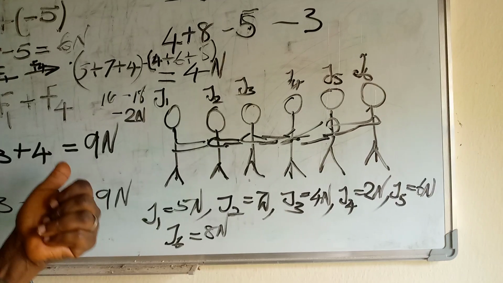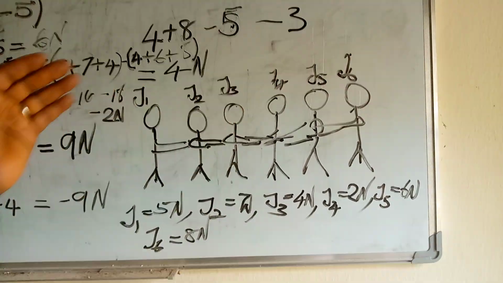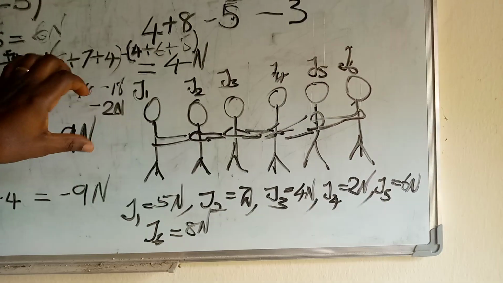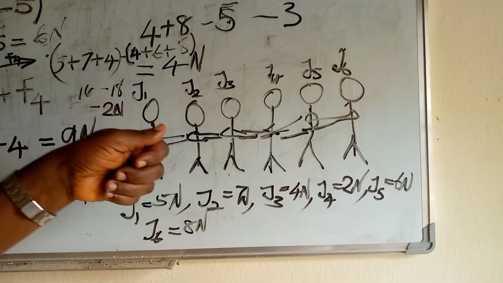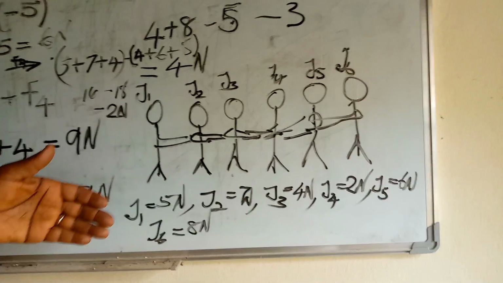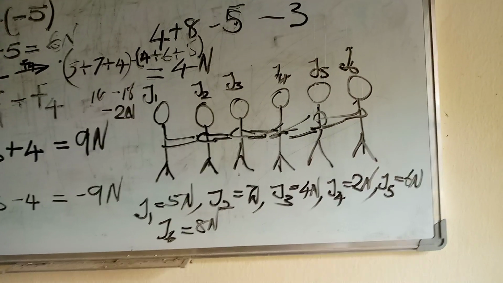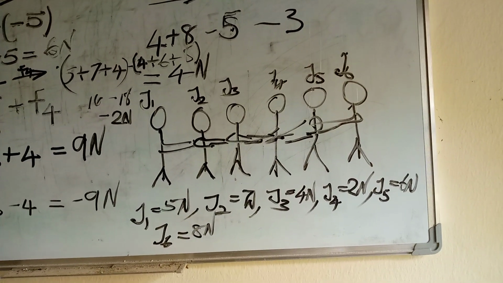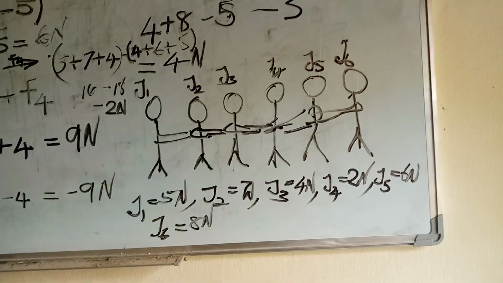That's the group that has the negative. The group that has J4 will win the tug of war, because they have more pulling force than the other group. What made them win? 2 newtons was what made them win in this tug of war.